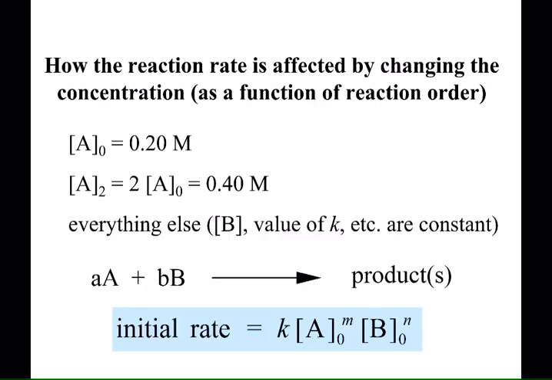K prime is really the original rate law constant K times the molar concentration of B raised to its reaction order, which I am holding constant. Okay? Seems fair. Seems legit. Good. All right.